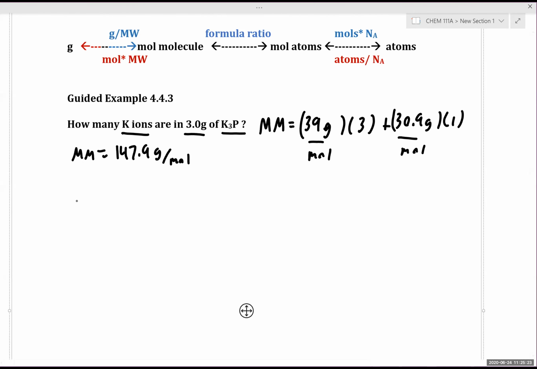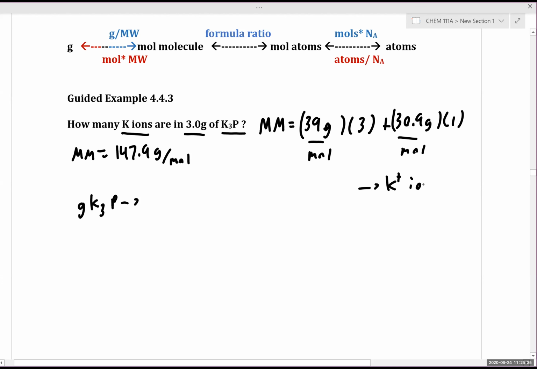Okay, now we're ready to make a problem-solving scheme. So we're asked to go from the grams of potassium phosphide, and in the end, we want to calculate the number of potassium ions. Think of the word potassium ions like potassium atoms. Now, where do we get atoms from?